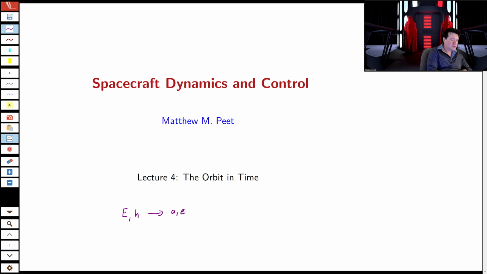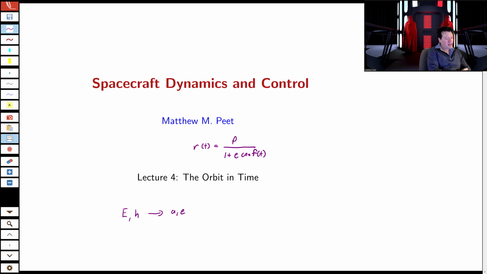Now this problem was partially solved when we got the polar equation, r of t equals p over 1 plus e cosine f, also a function of t.